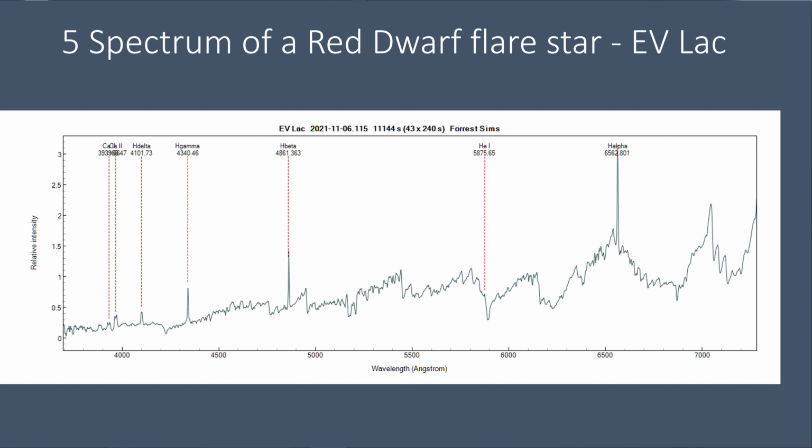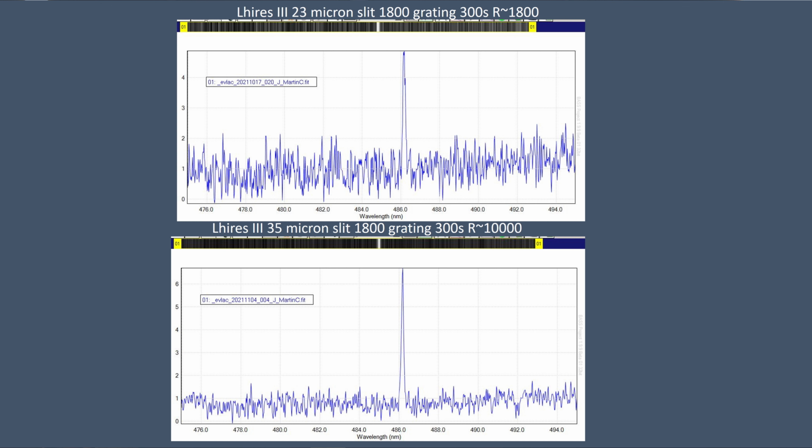This is the result of an experiment with the 35 micron slit and the 1800 grating. You get a resolution of about 10,000. That should be 18,000. I think we decided to go with this one instead, and also with the 35 micron slit, you get more light coming into the spectrograph.